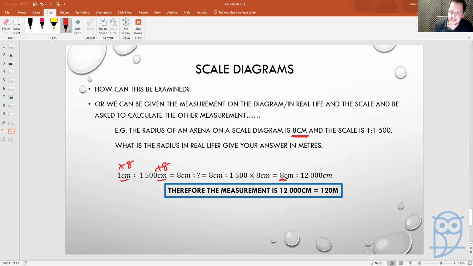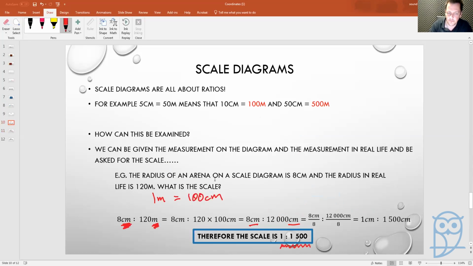So if I see 8 centimeters on my diagram, that's 12,000 centimeters in real life. But remember I said answer in meters. So therefore 12,000 centimeters divided by 100 will give me 120 meters. Remember 100 centimeters in a meter. And remember from our previous question, we were told that the radius was indeed 120 meters.